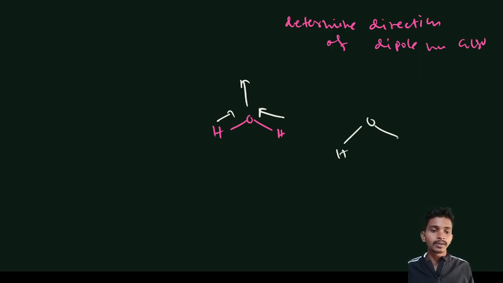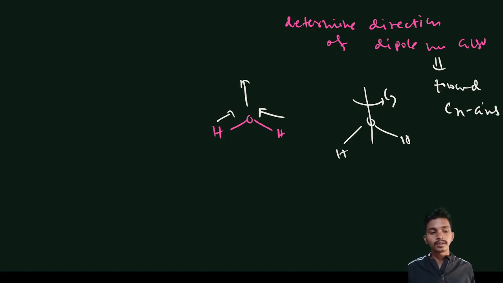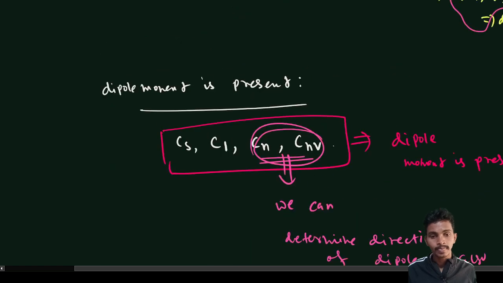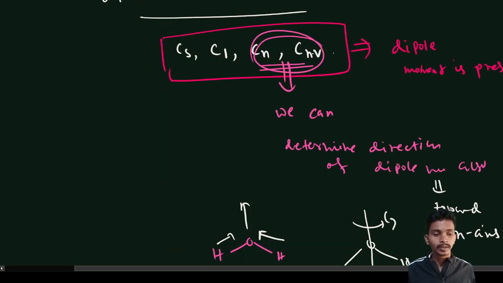And for water we know that the C2 axis is present, so the dipole moment is towards the Cn axis. For Cn and Cnv molecules, we can determine the dipole moment direction.